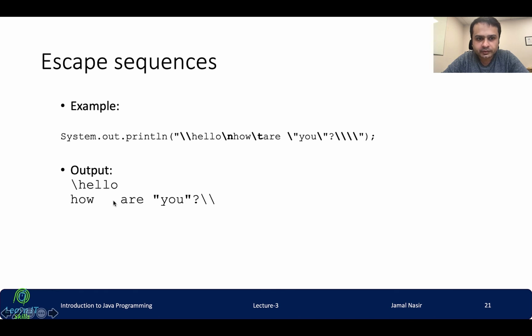So that's why we are getting one tab here, then r, and then u, because we need a quotation character. So here we are adding one \ before that quotation character, right? That's why we are getting two quotation characters, one before the u word and one right after the u word. And then these four backslashes are equivalent in output to two backslashes.